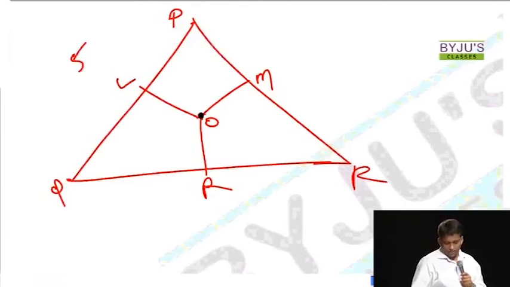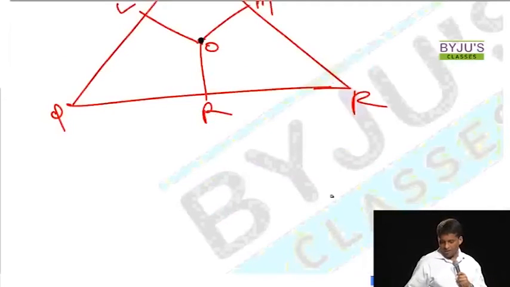Side is given as 5. That means the right hand side is already given, right? That's easy. Root 3 by 4, 5 square.